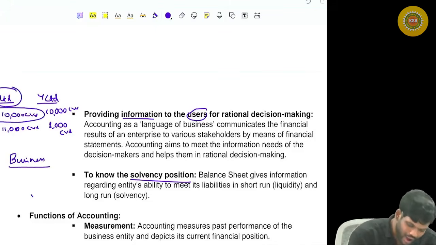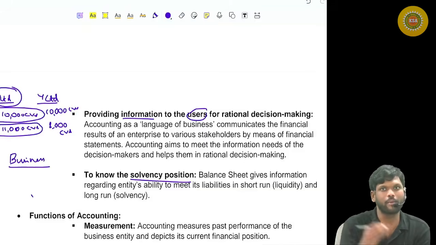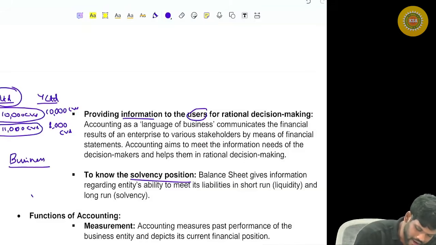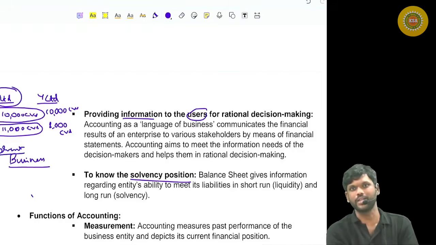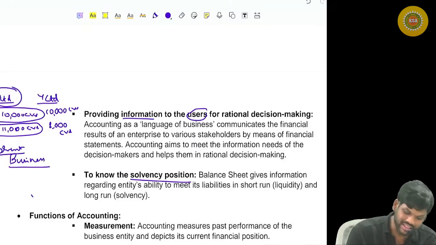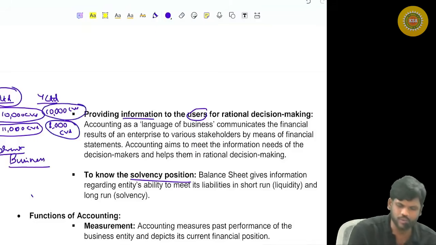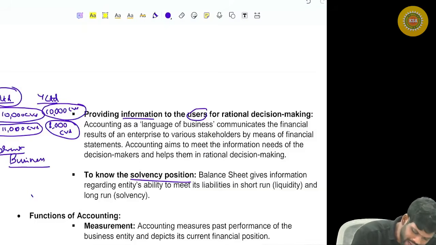In that case, how will they be in a position to pay 11,000 crores of liabilities? They will not be in a position to pay. So X Limited will be called as insolvent or bankrupt. But if you see in the case of Y Limited, they have 10,000 crores of assets with which they can easily pay 8,000 crores of liabilities. So Y Limited is called as solvent.